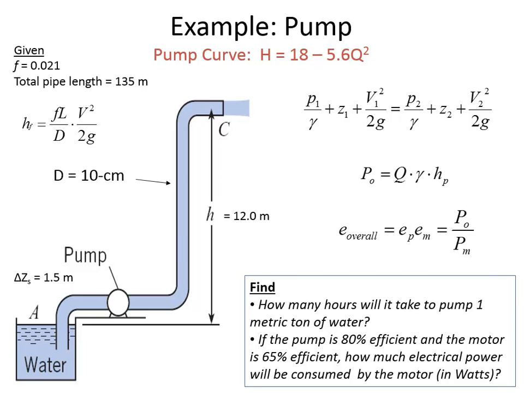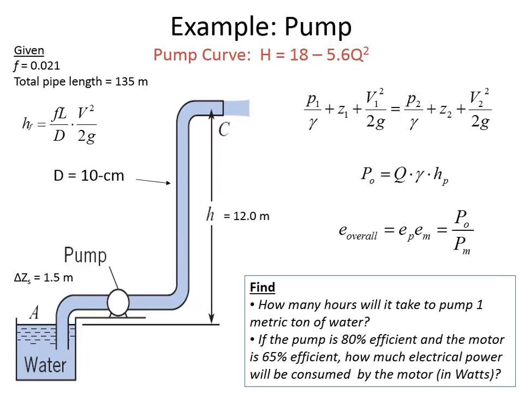So at location A is going to be 1, and location C is going to be 2 in this formula. There's no pressure here. We're going to let this water surface at A be our elevation datum. So that makes Z1 equal to 0. And there's no velocity head at the water surface there. So HP is what we want to find out, how much pump head is required to add.